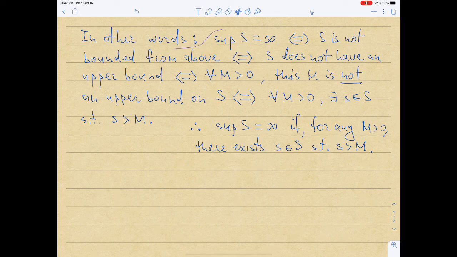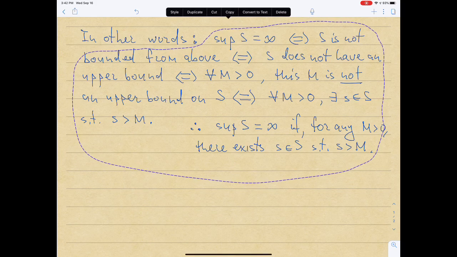And we can do a similar thing with the infimum by making appropriate modifications.